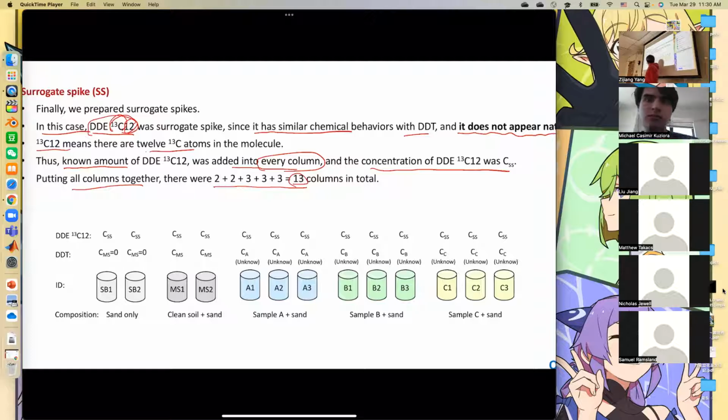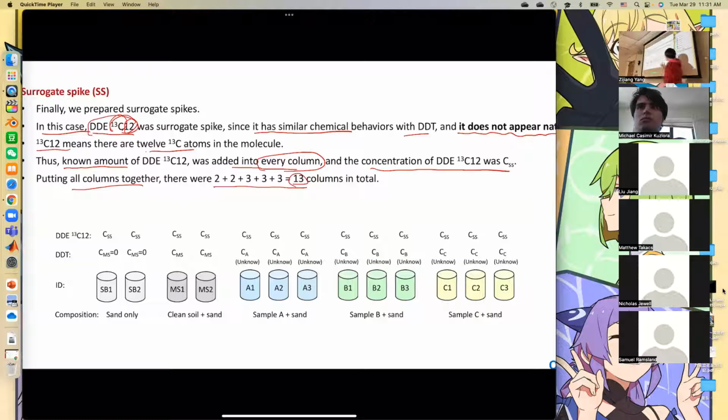We also add the surrogate spike to the sand blank. And we also have another set, which is the clean matrix spike with the clean soil plus the sand. In this case, we have the matrix spike concentration and we have the surrogate spike concentration. And all of these concentrations are known.